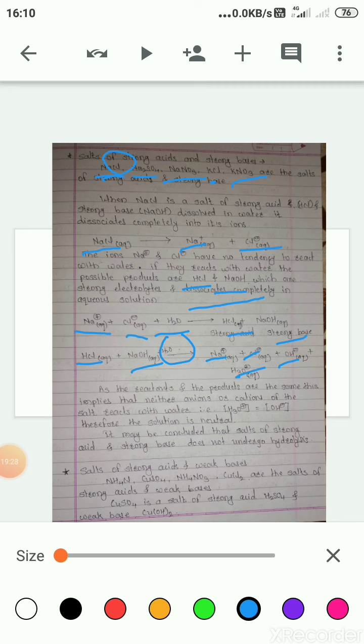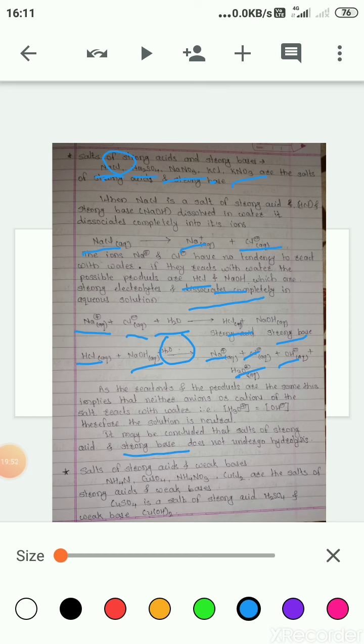And as the reactants and products are the same, it implies that neither anions nor cations of the salt react with water, and therefore the solution is neutral, and it may be concluded that the salts of strong acid and strong bases do not undergo hydrolysis.